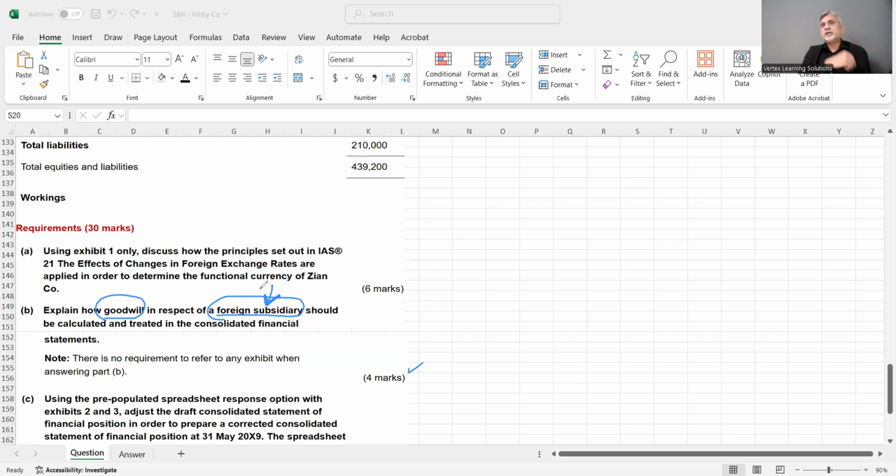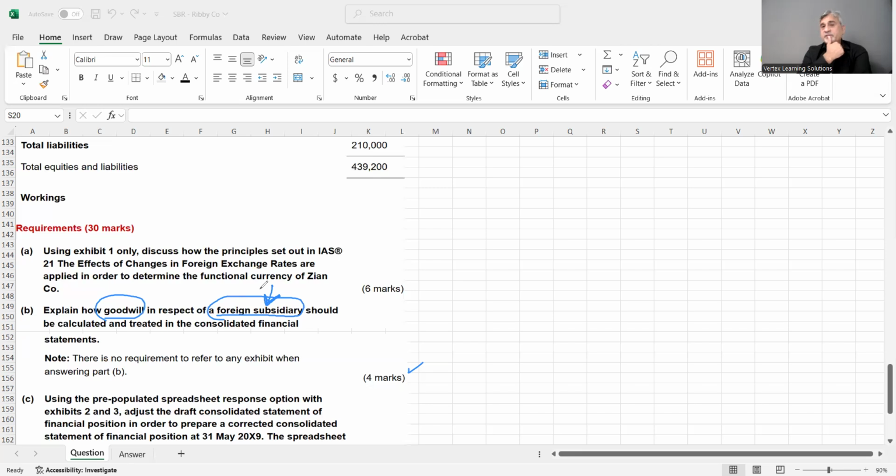That is called goodwill, and it is shown under non-current assets on the consolidated statement of financial position, because goodwill does not appear in the individual financial statements.